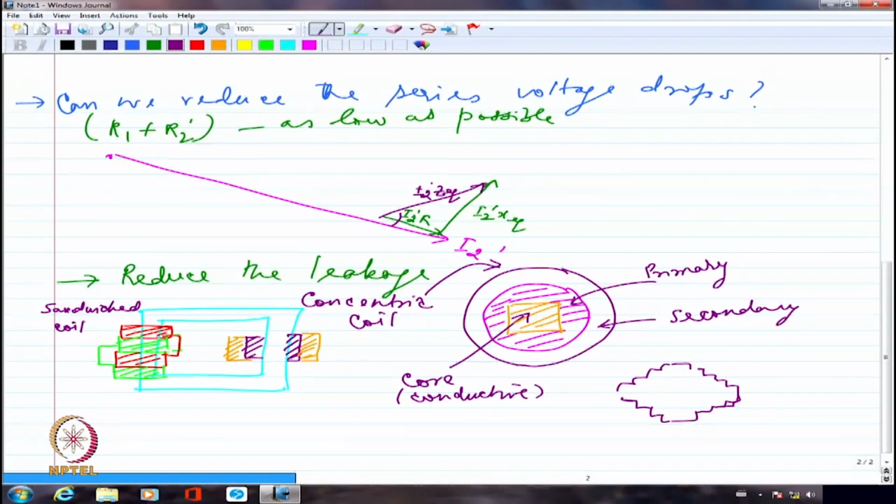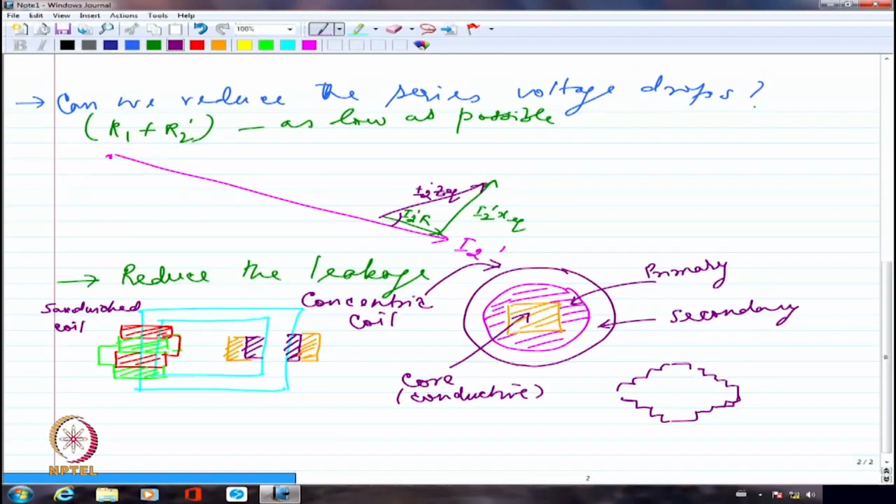And because I require thicker insulation, very clearly the coil turns will probably be of higher diameter. Because it will be really thick, it will be very difficult to wind it into a smaller diameter coil. So one thing is, as the voltage rating increases, I will have thicker insulation, so the diameter of the coil will become larger and larger.